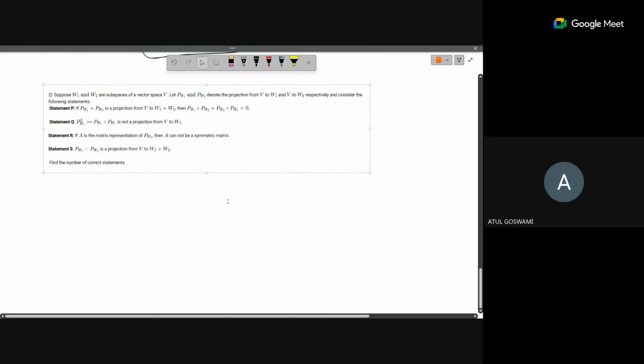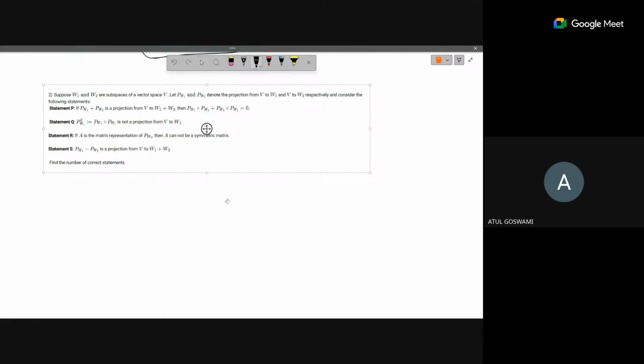So when we get this condition of first option, which we have to check whether this is 0, we have to take the composition. So we have only one thing, so we'll take this composition, W1 plus W2 composition with itself.